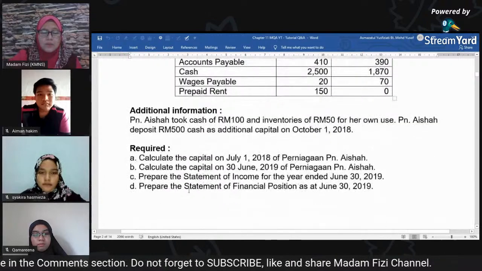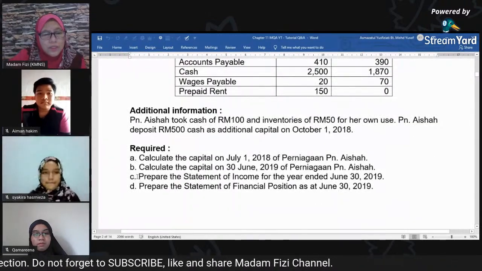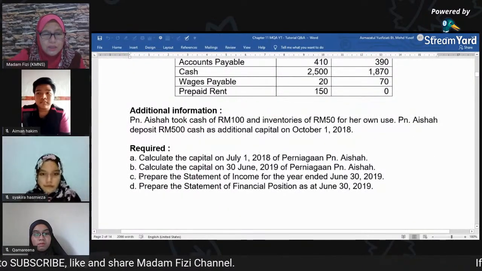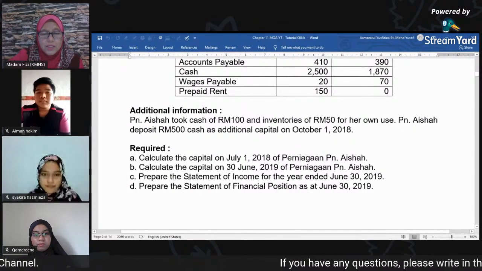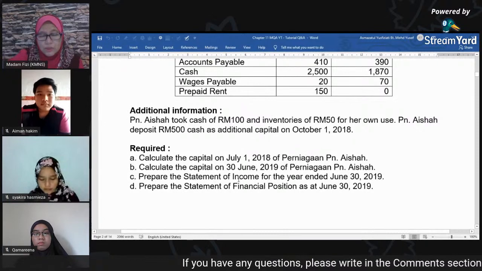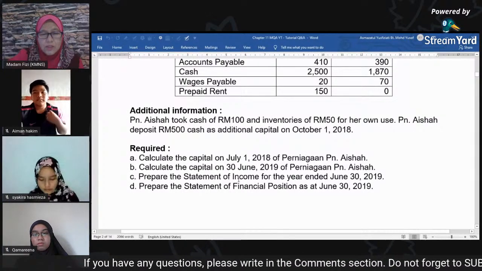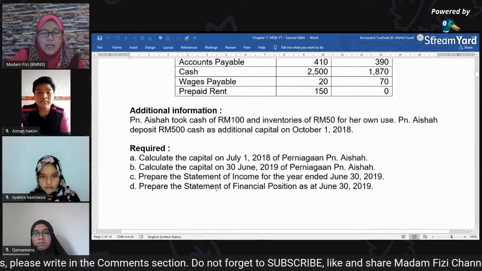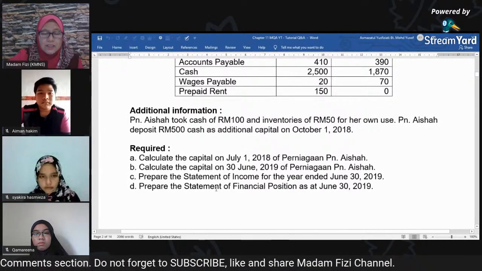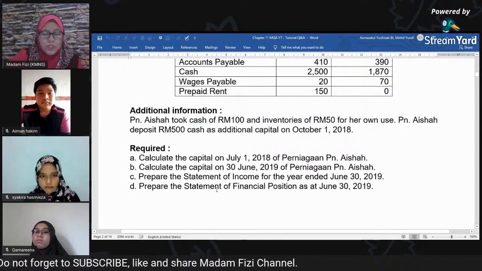So how to answer question number C? Prepare the statement of income. A statement of income must include sales or revenue and expenses, right? But you don't have any information on that. So what would you do?